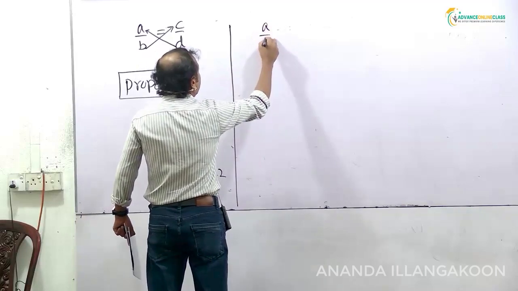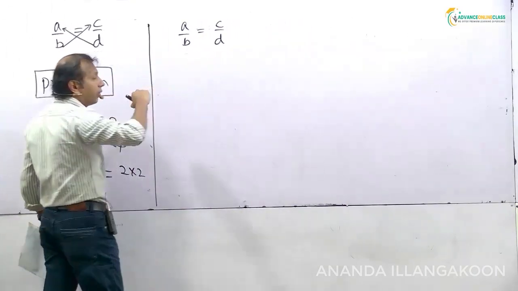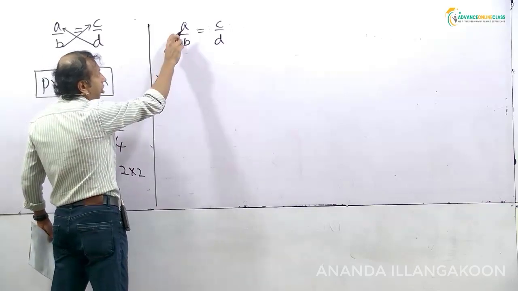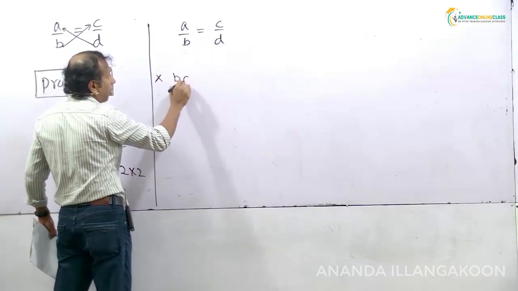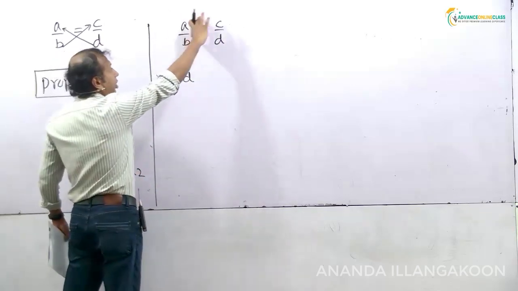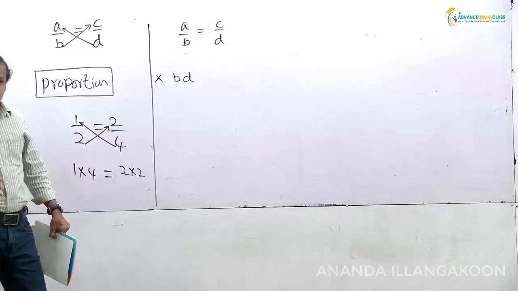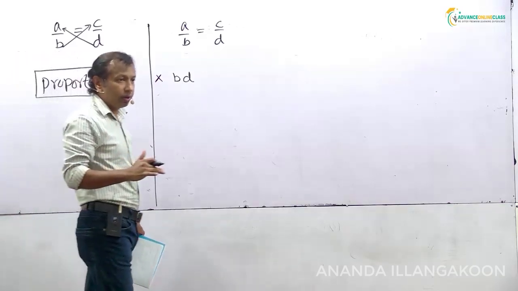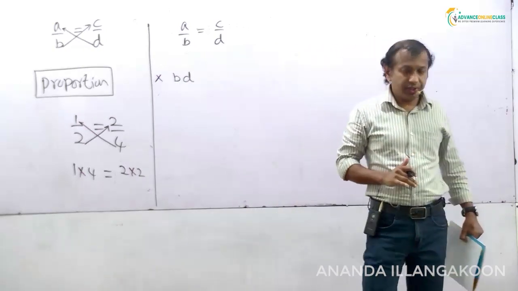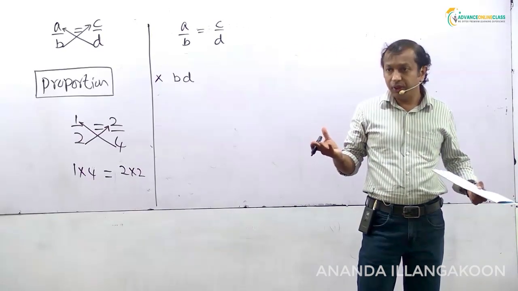The proof is really nothing. We multiply both sides of this by BD. When we have an equation, both the left hand side and right hand side can be multiplied by any value and the equation stays the same. It doesn't change. That is a very simple, fundamental mathematical fact.